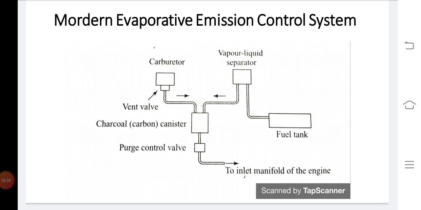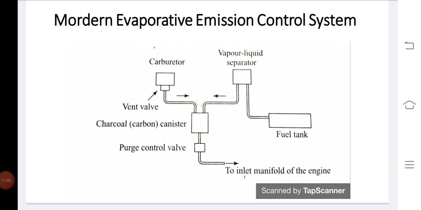A modern evaporative emission control system takes the vapors from the carburetor and the fuel tank, and the fuel tank is fitted with a vapor liquid separator, which is in the form of a chamber on the fuel tank, and vapor from the fuel tank goes to the top of the separator where the liquid gasoline is separated and sent back to the fuel tank or the fuel tank returning pipe.